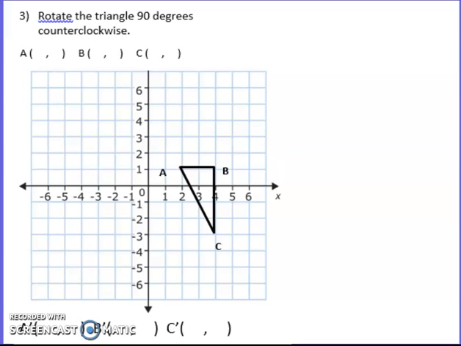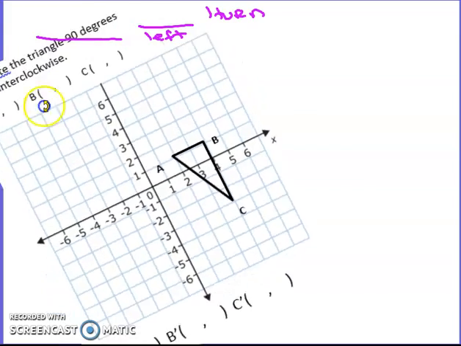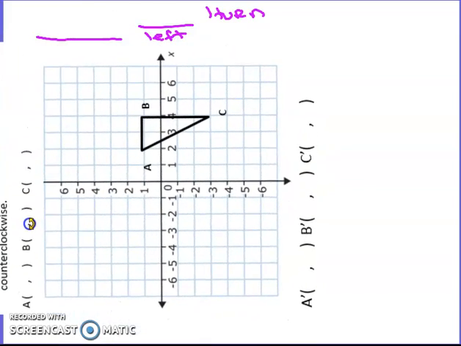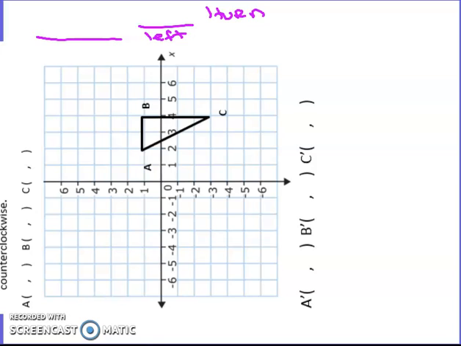Example 3 says 90 degrees, okay, that is one turn, counterclockwise, which means we need to go to the left. So again, I'm going to take my paper and I'm going to rotate it counterclockwise one time to the left. From here, I'm just going to label it. That's my new x-axis.